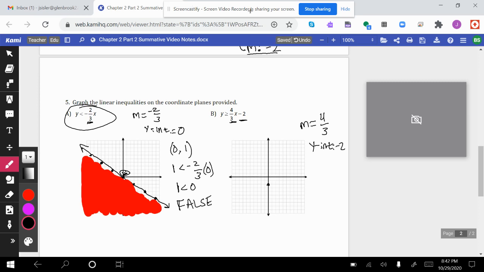So 1, 2, 3, 4, 1, 2, 3, and so on. Okay, and then I'm going to walk it downwards the same way. Connect them.